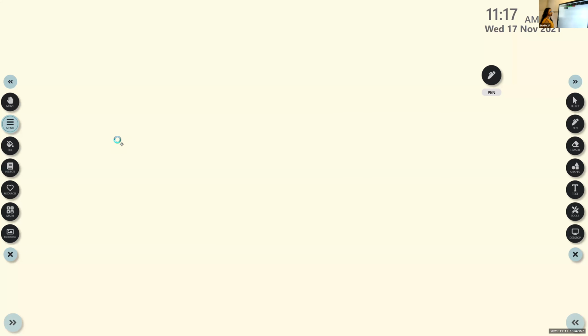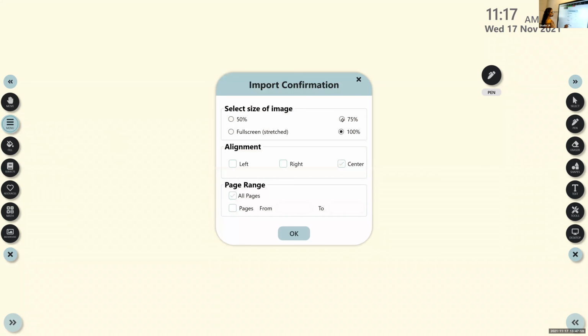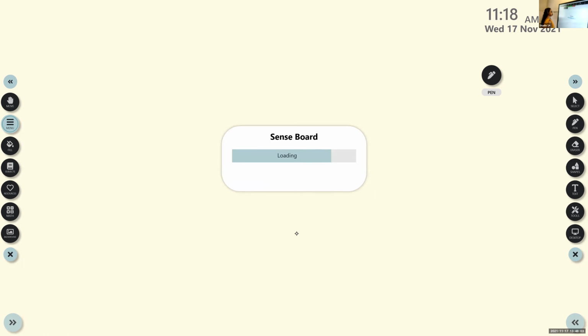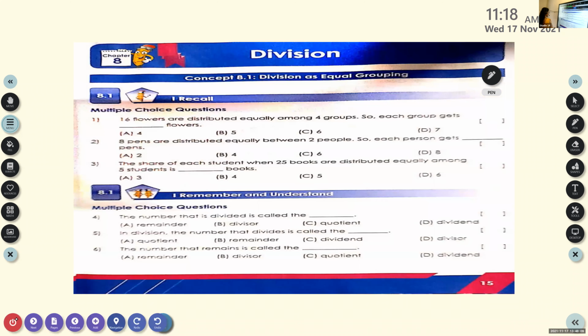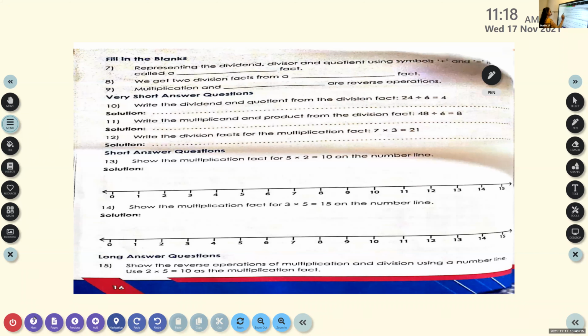One second, wait for a second. All of you have taken? Yes, this is page number 15. We have already done that. Page number 16. Till 14th we have done, and we have to start from question number 15.